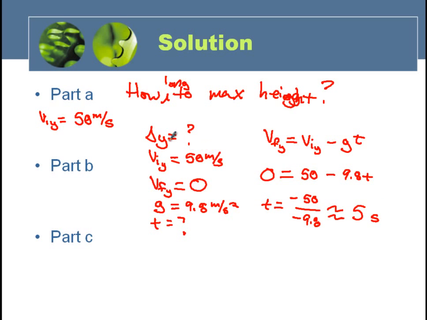Now I could ask you how high it goes. So now that we know that, you can find the height in 2 different ways. You can either use this equation, or the other equation. We're going to do it both ways real quick, to show you get the same thing.